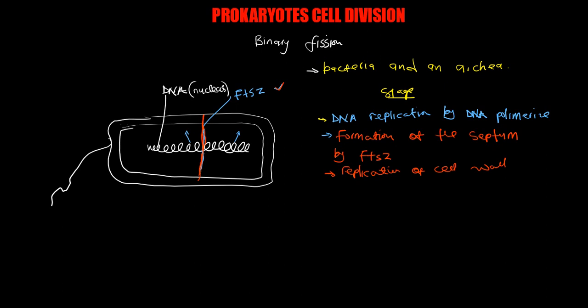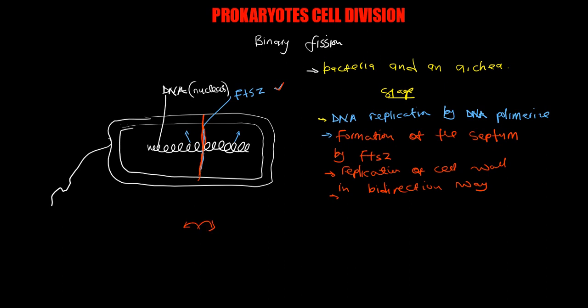Replication of the cell will occur, which results in the formation of the daughter cell. It will occur in a bidirectional way. This bidirectional way simply means if this one goes to one side, then the other one will go to the other side.